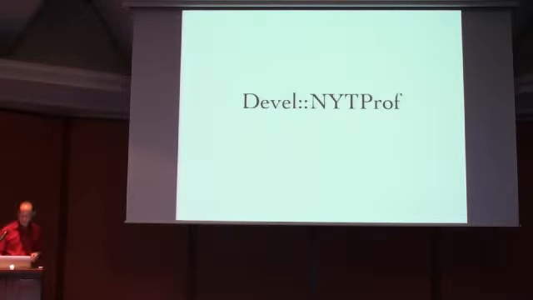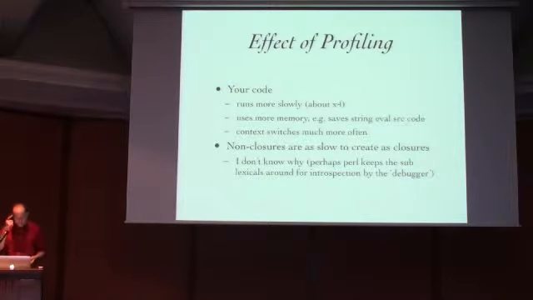So Devel::NYTProf has both a subroutine profiler and a statement profiler, and they're relatively independent of each other. It's possible to run NYTProf with one disabled or the other disabled, or use both of them together. Now, when you're profiling, NYTProf makes the code run about 4 times slower. That's actually pretty good.